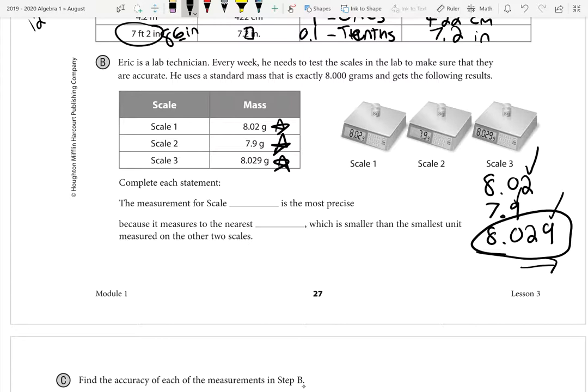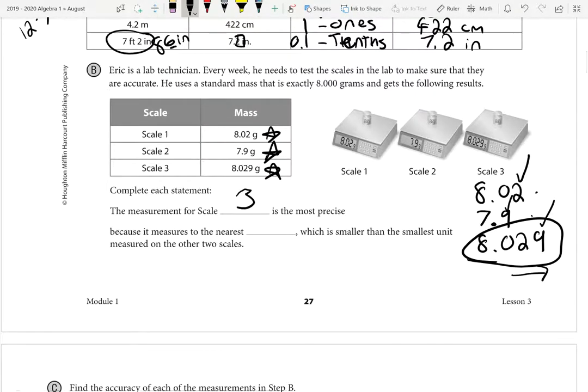It goes 1 decimal place further than the other 2 options. So scale 3 is more precise because it goes to 3 decimal places, and that is the furthest out of the 3 scales that we were given.